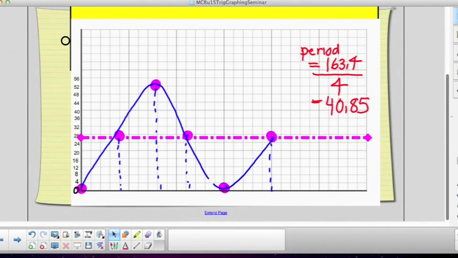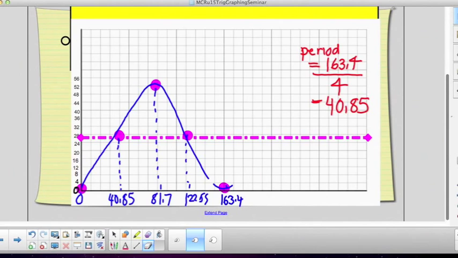The first x-coordinate is going to be 0, obviously. Then this is 40.85. If I add to that another 40.85, I get 81.7. Then I get 122.55, and so on and so forth, like 163.4. So from here all the way down here would be one complete cycle. I didn't have to actually draw this part.